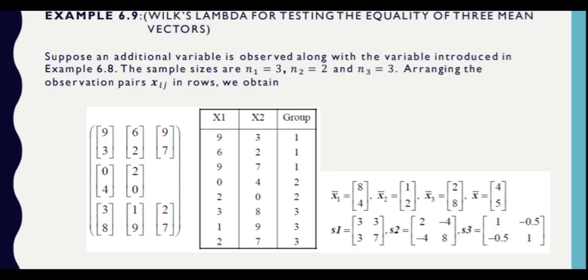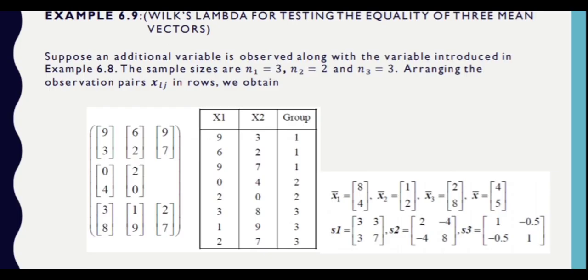Understand? 7 is the variance for the second variable in the first population. Okay, 3 here is the covariance.